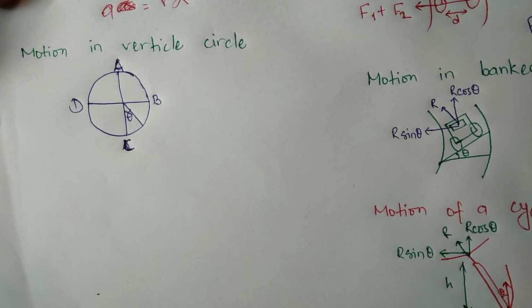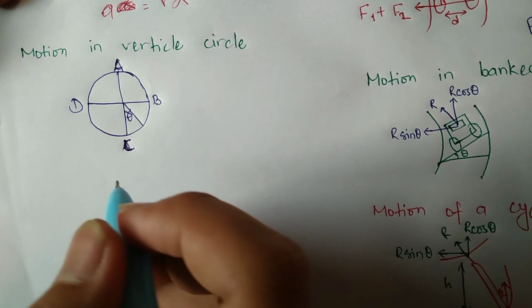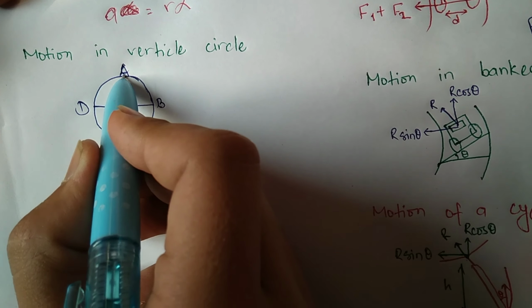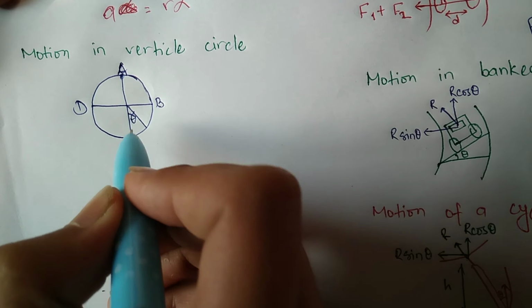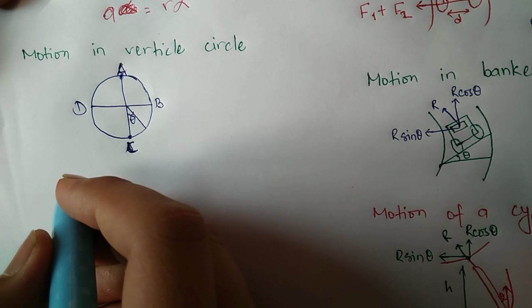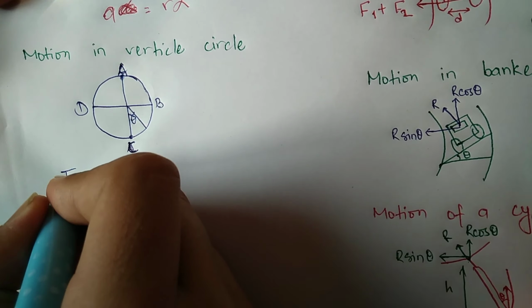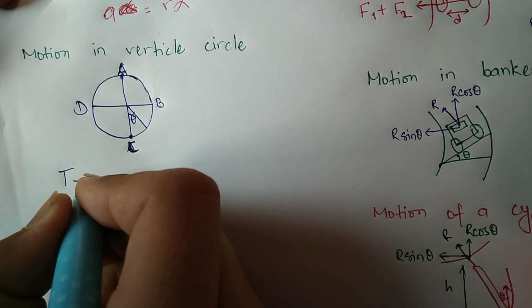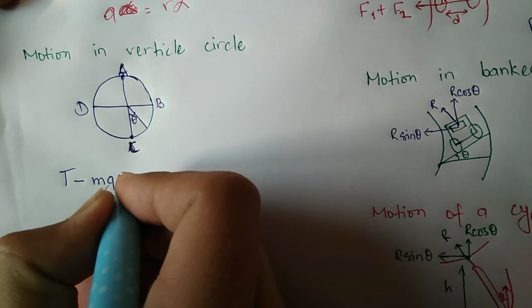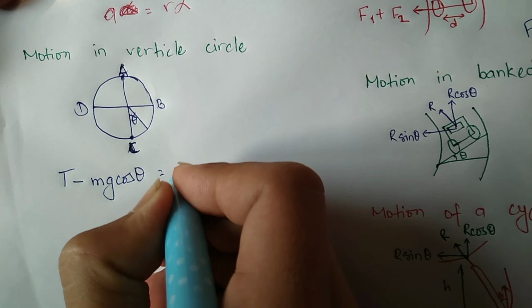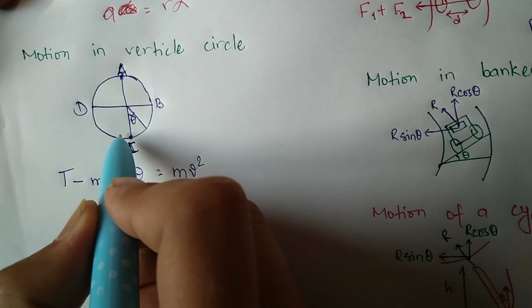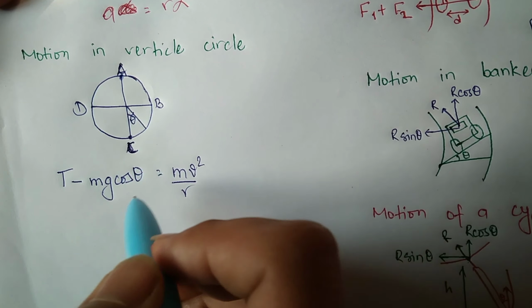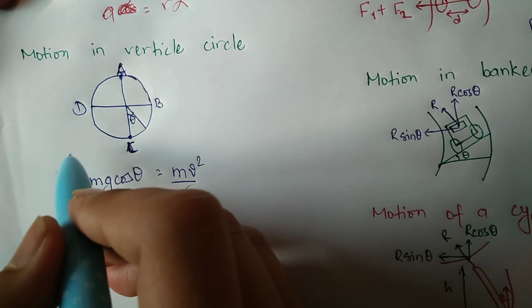So now let's discuss motion in a vertical circle. There are 4 points A, B, C, D. A is the top and B is at the base. So there is tension: T minus mg cos theta is equal to mv square by r. Theta will start from this point, so you can now put values of theta and then find tension at various points.